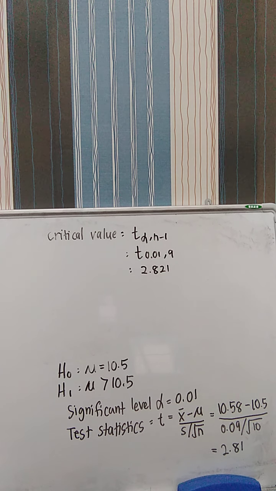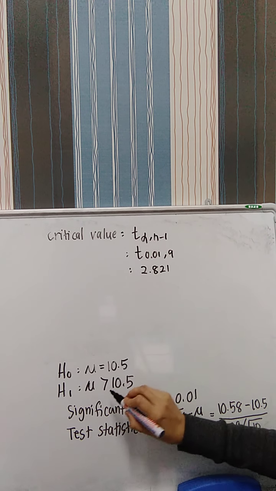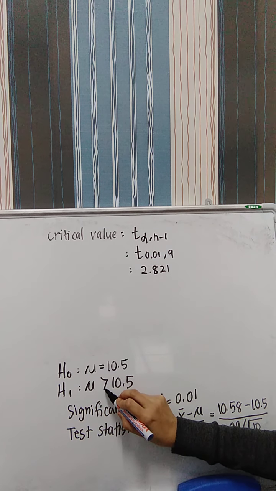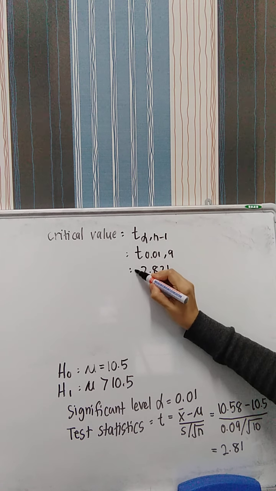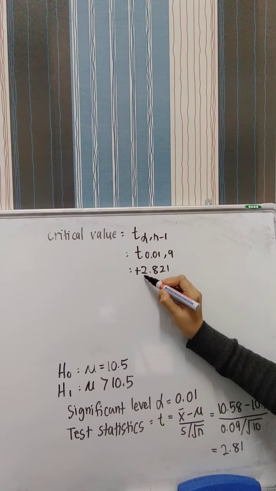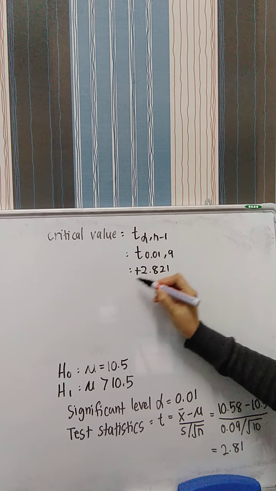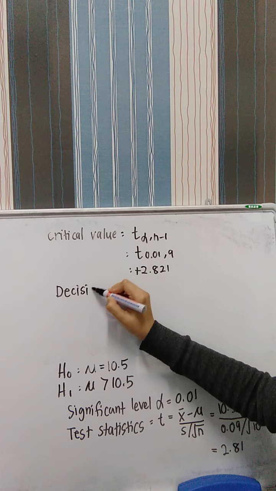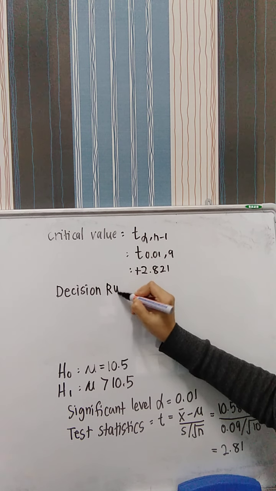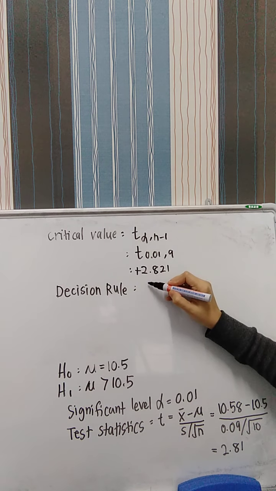Okay, and then don't forget to give the symbol for your critical value. This is more than here for the H1, so the critical value is a positive value. Next step is the decision rule. What is the decision rule?